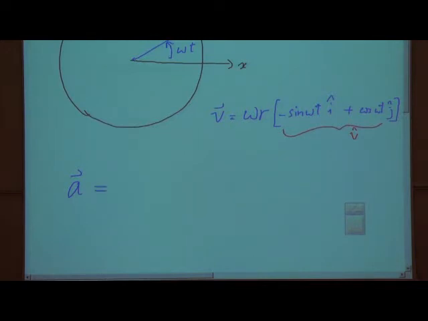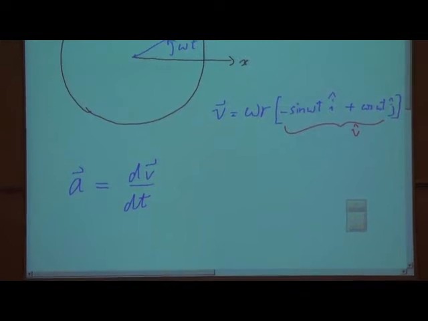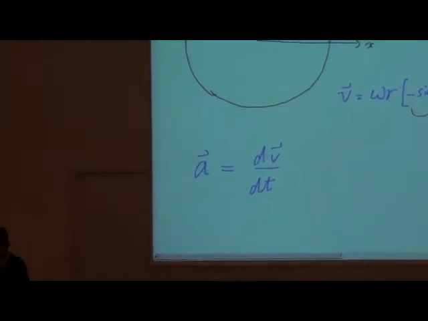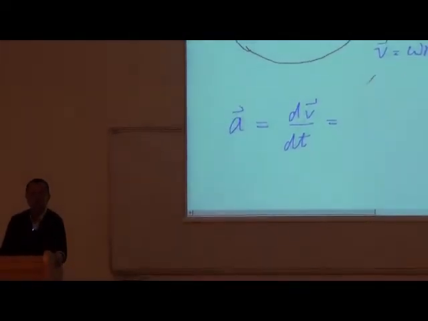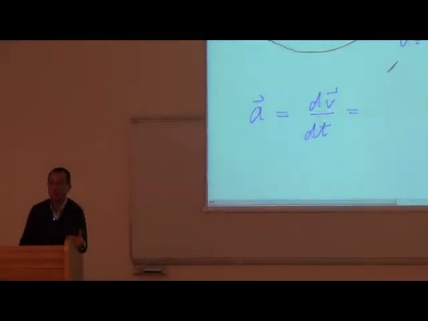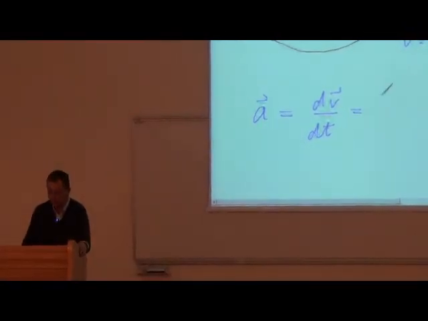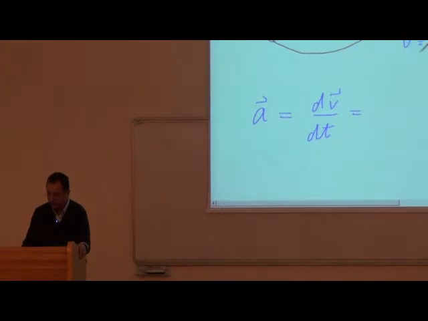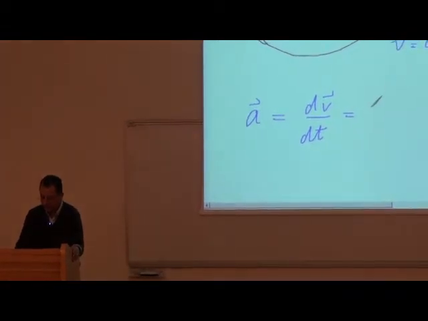Well, it is the way the velocity changes with time, the rate of change, the derivative of the velocity with respect to time. Velocity is a vector. What does its derivative mean? It just means the x and y components of velocity, you take their derivatives. So it's nothing but taking the derivative of this thing.